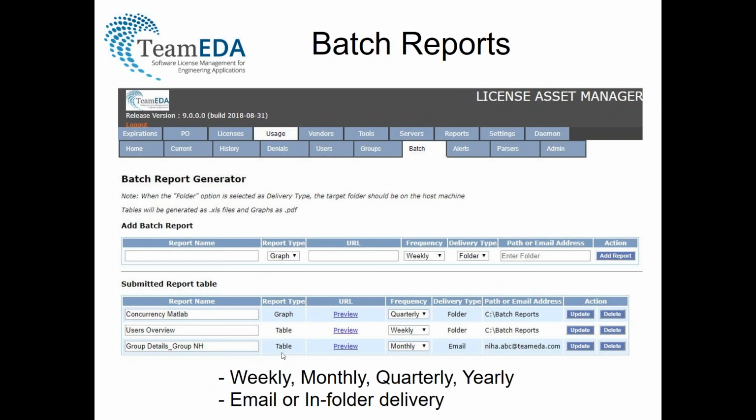Whenever you click on that Create Batch Report button, you're going to see the URL is already in there. It's going to be graph or table. The frequency you need to set as either weekly, monthly, quarterly, or yearly. And you need to put in a user-friendly report name. You need to do that. I'm going to talk about naming conventions in a minute, but you need to put in a report name, and then how you want it delivered, either through email or into a folder, and then hit Add Report.